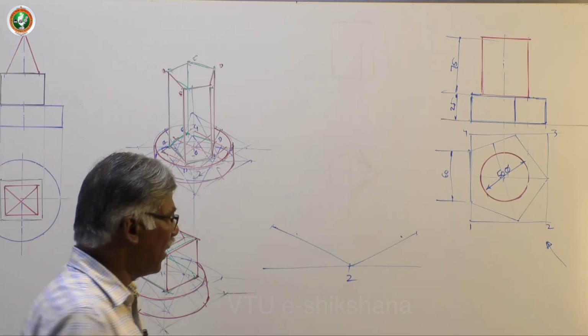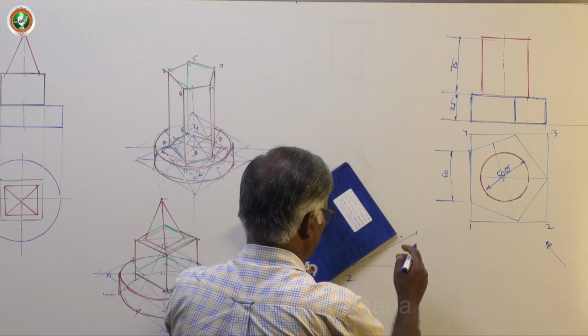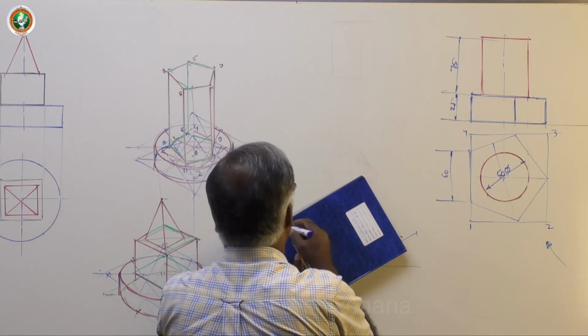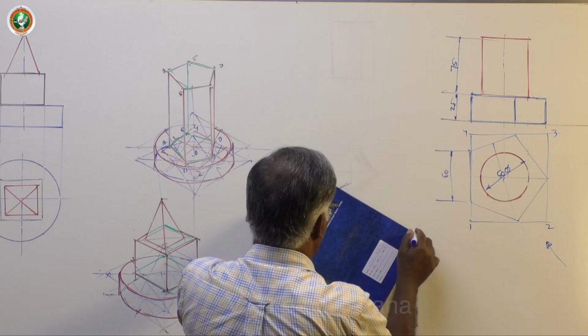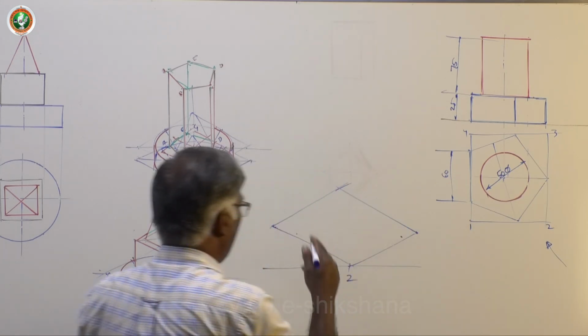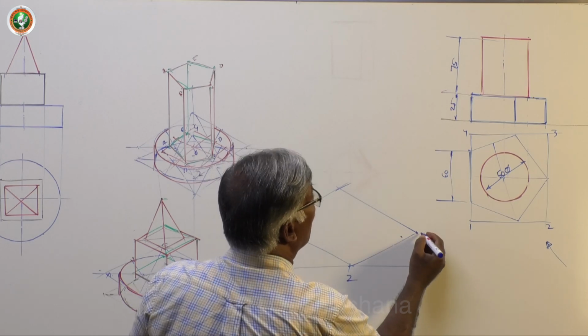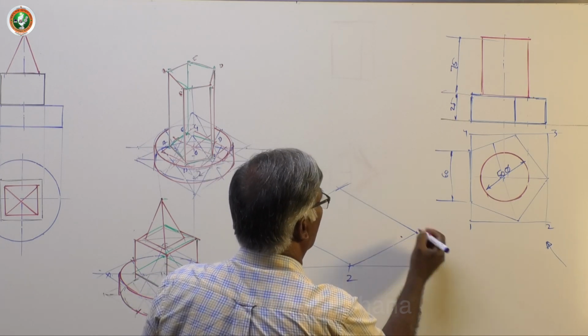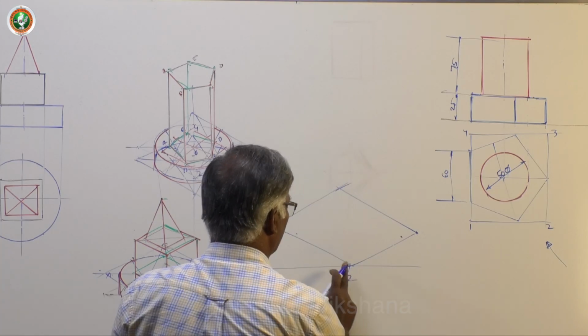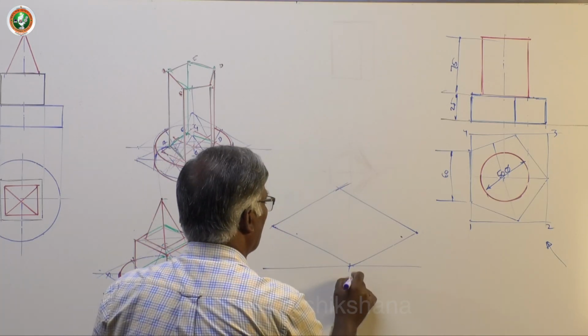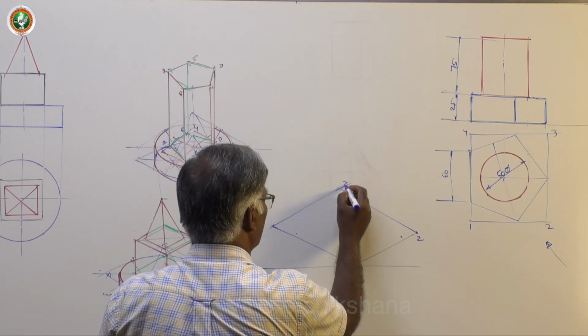Now draw parallels. This is 3. It's 1, 2. This is of small, bigger height. So let me take this 1. This is 2. This is 3. This is 4.